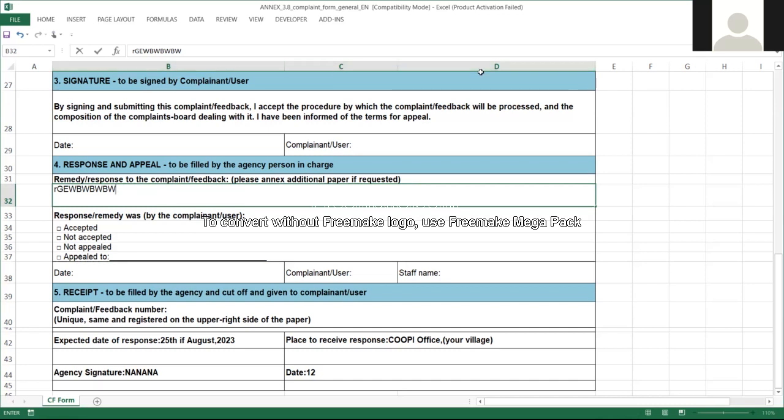We are running out of time. The second sheet, you know it. I think last time, those of you who were in the meeting know this one. This is where you report. The first template is for receiving and giving feedback to the complainant, the person who is complaining.